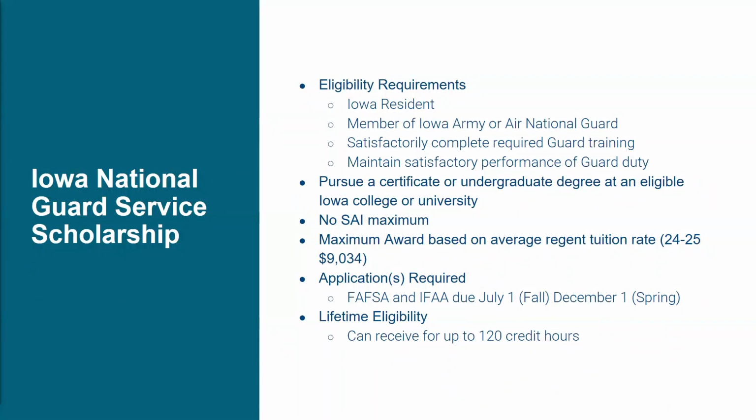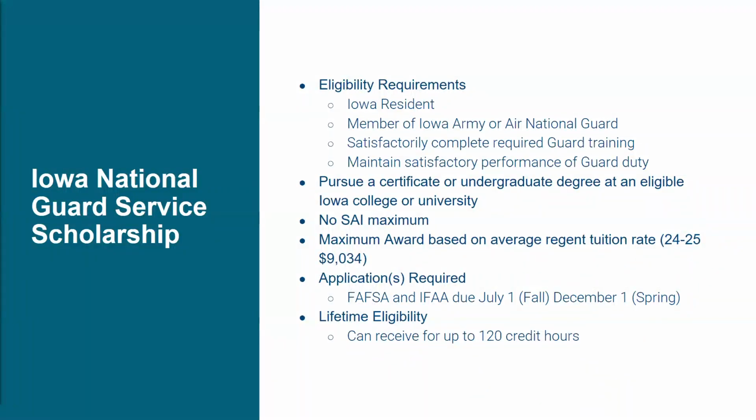Once you have received your first bachelor's degree, then you're no longer eligible for this program. There is no SAI requirement for this one, so there's no maximum. The award is based on the average Regent tuition rate, and this current year that was $9,034 a year. It's not set yet for next year, likely to go up a little bit.